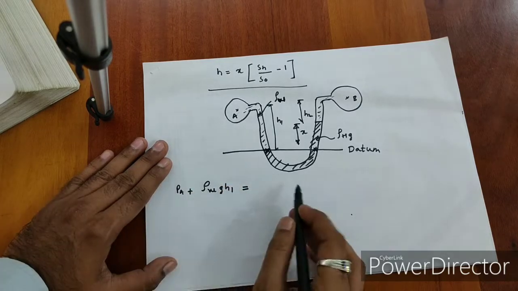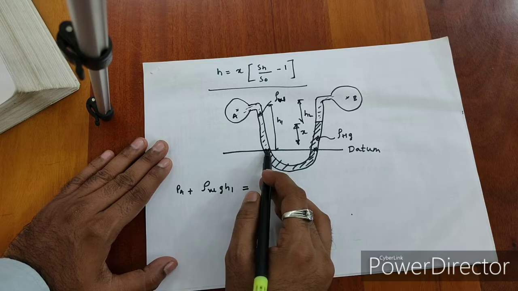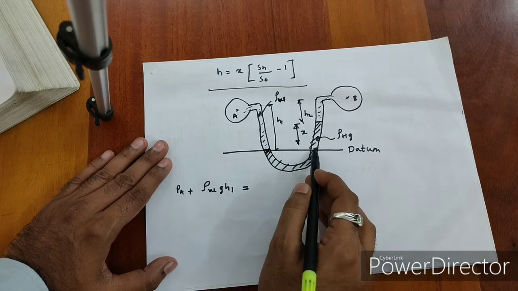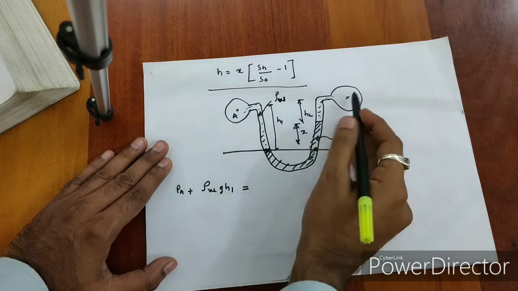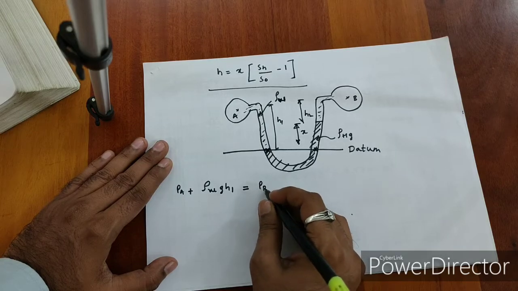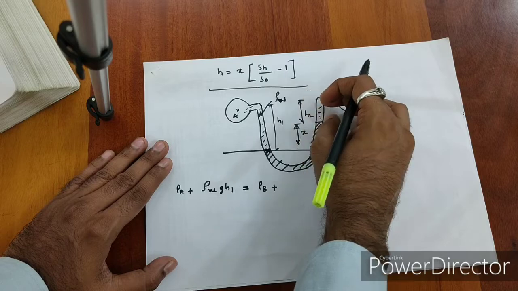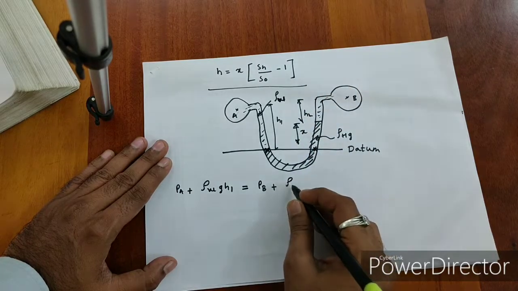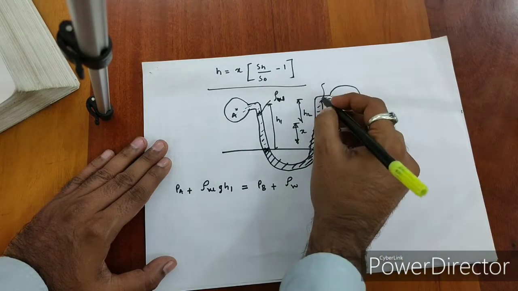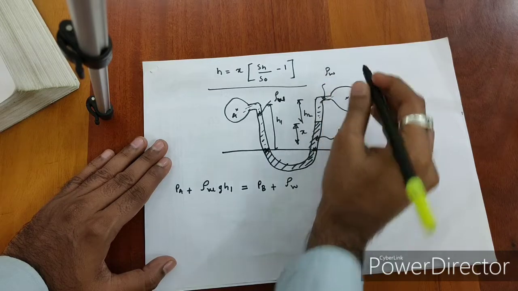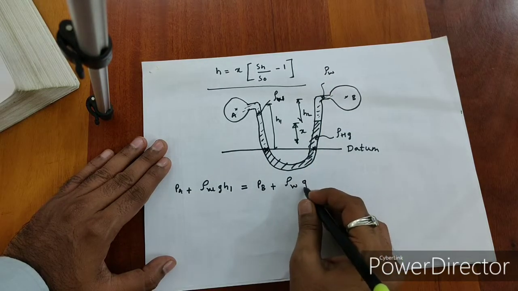This total pressure is equal to the total pressure at this point, which is PB plus the pressure due to this liquid, water again, rho W G H2.